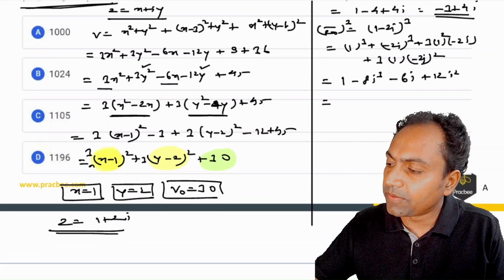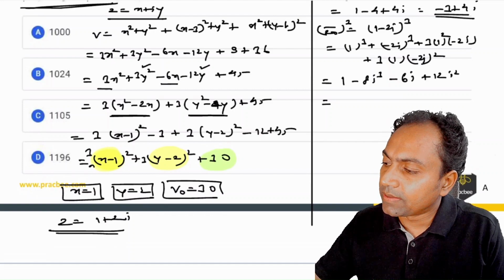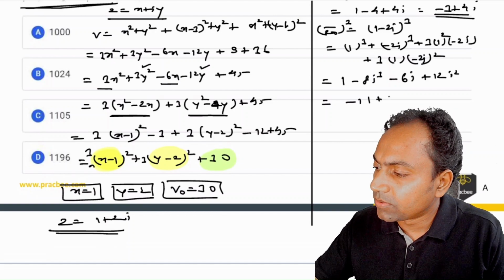If I simplify this again, what you can see is basically we are getting plus 8i. So this becomes nothing but minus 11 plus 2i.